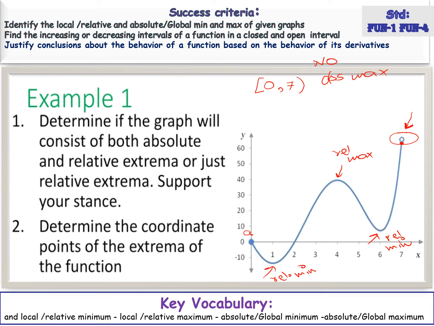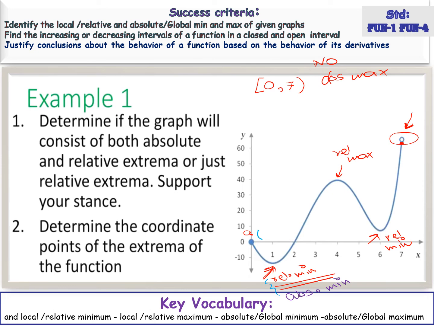But yes, there could be an absolute minimum, because this graph shows the maximum size. Now this point at x equals 1, where already we have a relative minimum, we can say that this point also contains the absolute minimum. So how to write it? If they ask you for the coordinates, you can say over here this is relative minimum and absolute minimum.